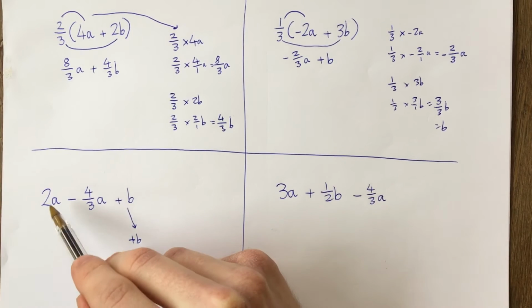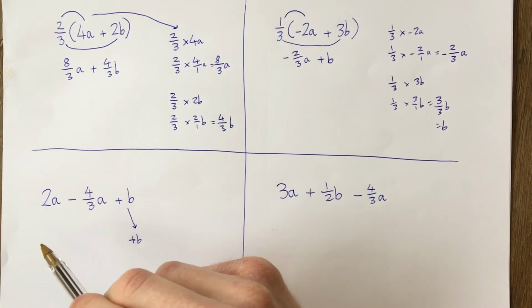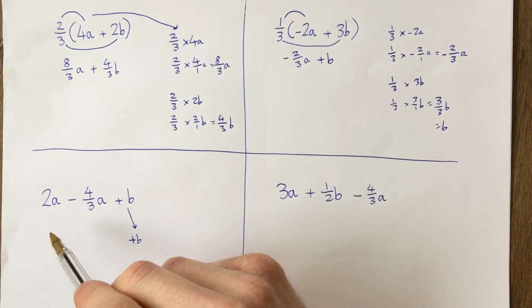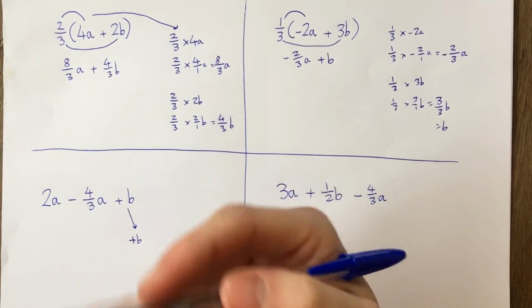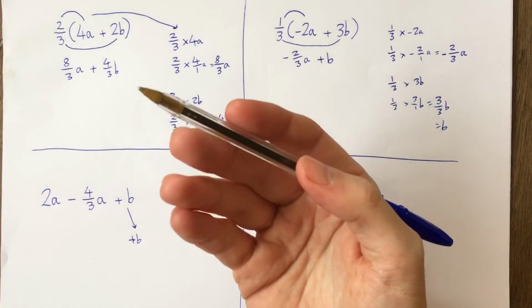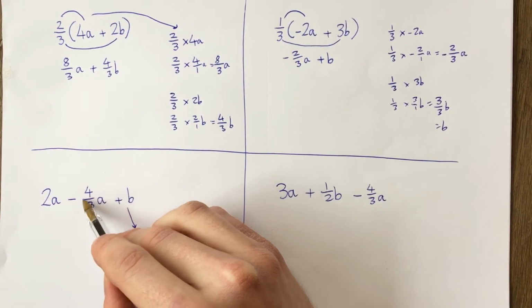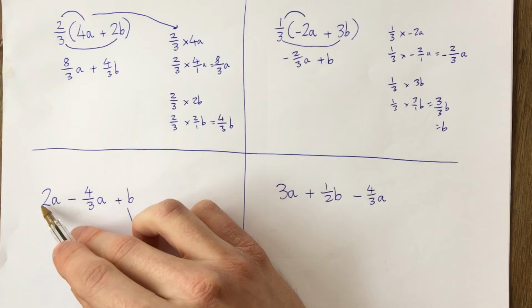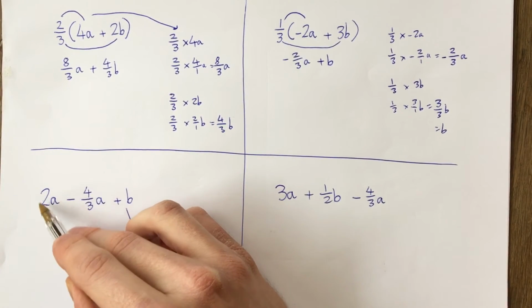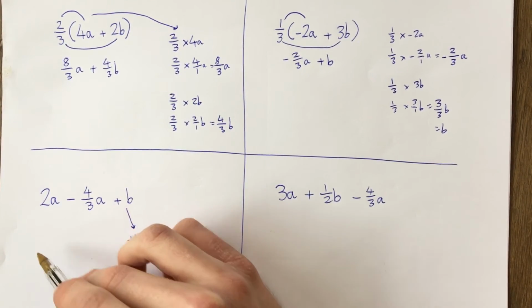Now please remember when you do this, some of you may be able to do it in your head, and that's fine to a degree, but you will get mistakes as the numbers start getting a bit more complicated. So I reckon, start with the practice of, if that is over 3, you want to make this one over 3 as well. So think, what is 2 whole if it's something over 3?